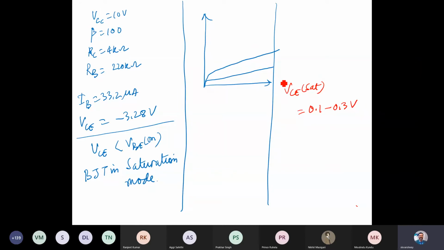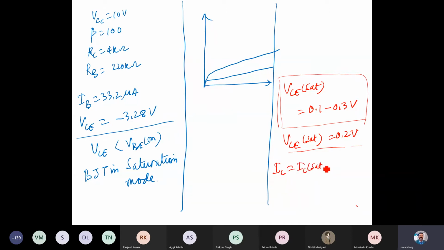And if the saturation voltage is given to us, let's say any number from 0.1 to 0.3, for example VC saturation is 0.2 volt, then if the output is less than that, we can keep this number VC saturation and find out IC saturation. It would simply be VCC minus VC saturation divided by RC.